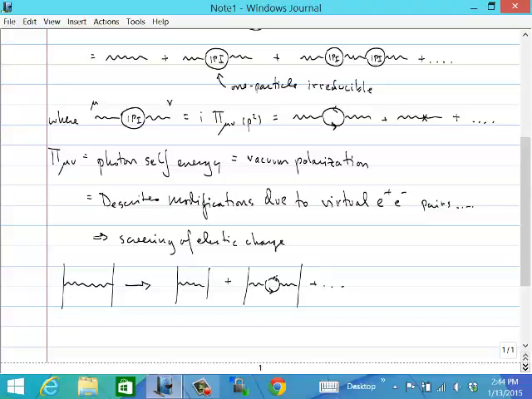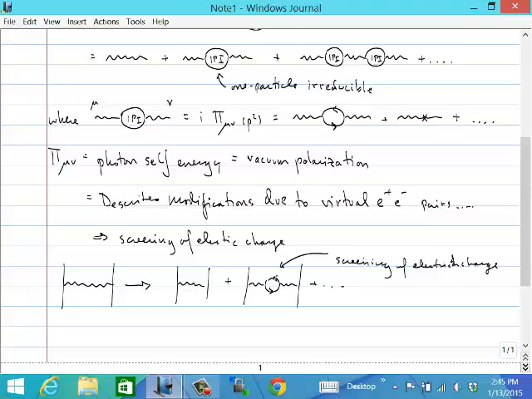And you can see that effectively what this is doing is it's saying that we modify the interaction between these two electrons that are scattering off of each other by imagining that you can have some sort of virtual e plus e minus pair that's nucleated in between those two electrons, exists for some finite amount of time, and then disappears. Okay. So this term here represents the screening of electric charge due to these virtual electron-positron pairs.